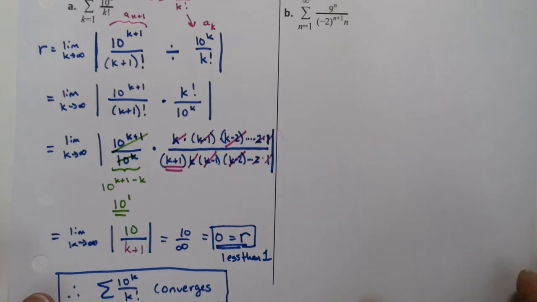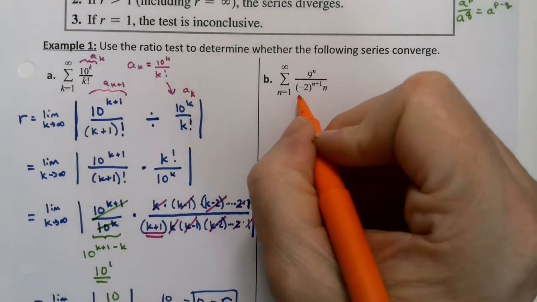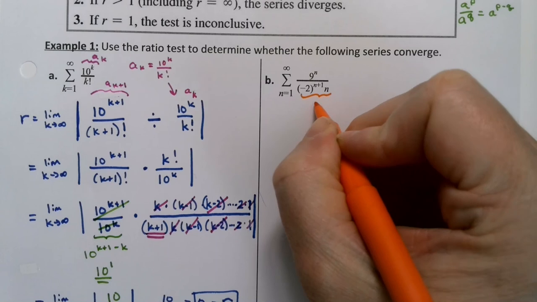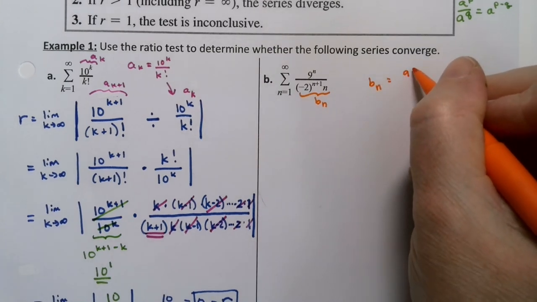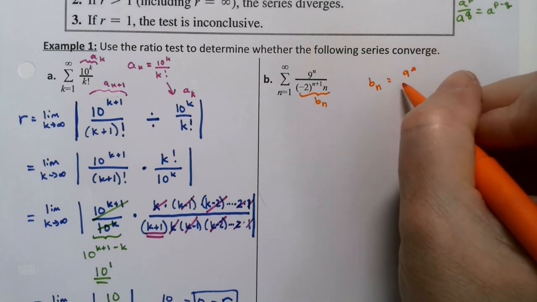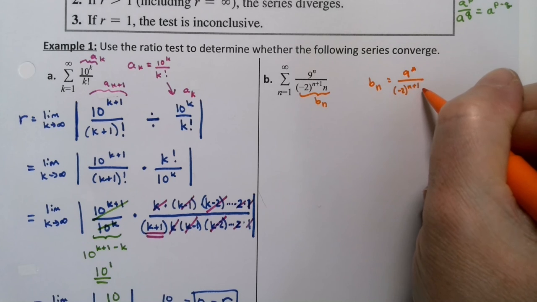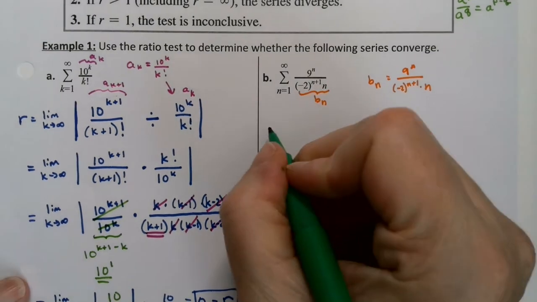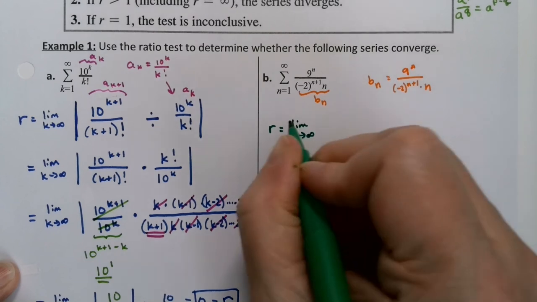All right, so now let's do it again. So we have b sub n here, which is, here, I'll just write it. This is b sub n. B sub n is 9 to the n over negative 2 to the n plus 1 times n. So when I want to do my limit test, I want to take r, which is equal to the limit as n goes to infinity this time because my index is n.